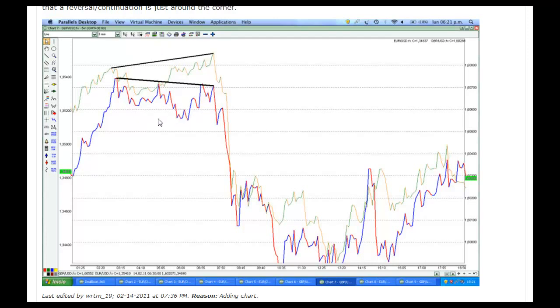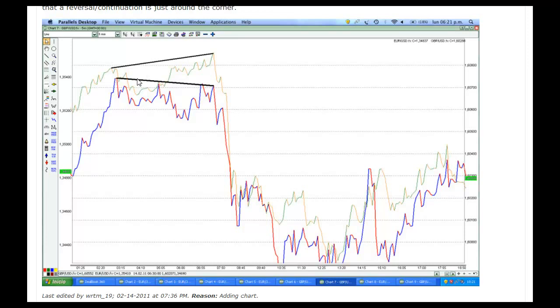So in other words, this gives you an opportunity to prepare yourself for a short trade. Does it mean that it's going to happen right away? No, it just means you're setting yourself up for an area of resistance, in this example here, that may unfold into an intermediate-term high or a long-term high.